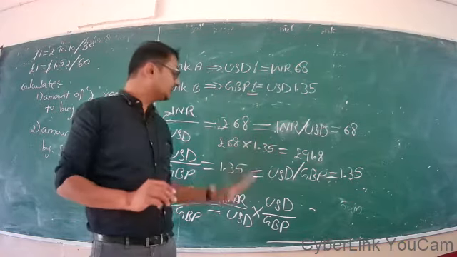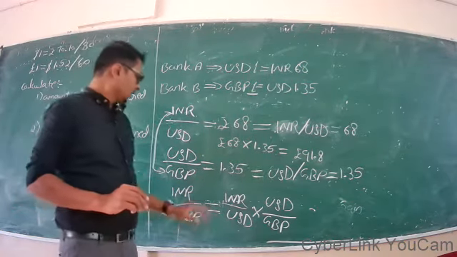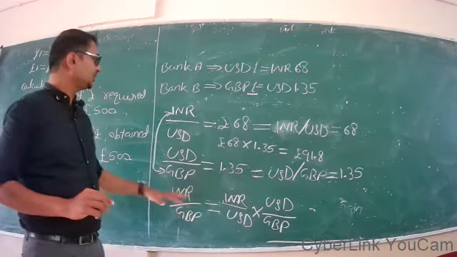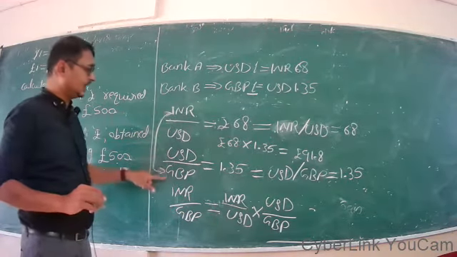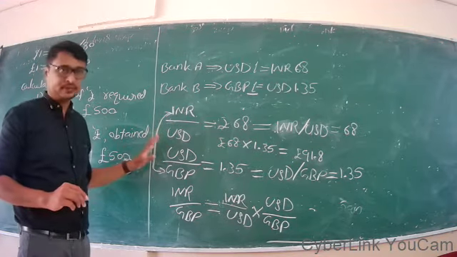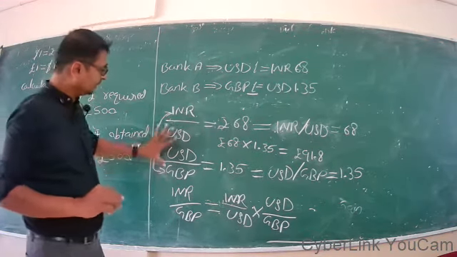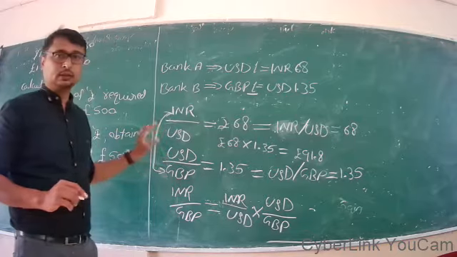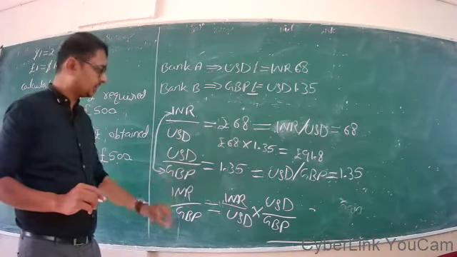So how do we simplify it? We need to establish a relationship between INR and GBP. No institution is offering it directly, right? So to establish a relationship between these two, we need to simplify the quotation.